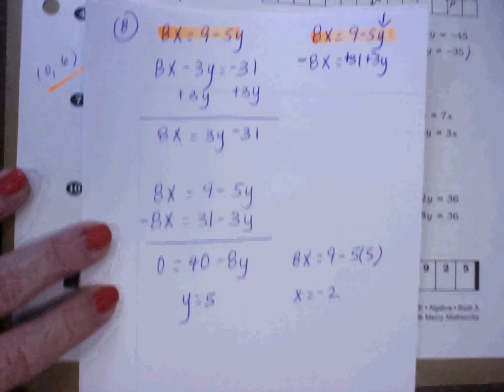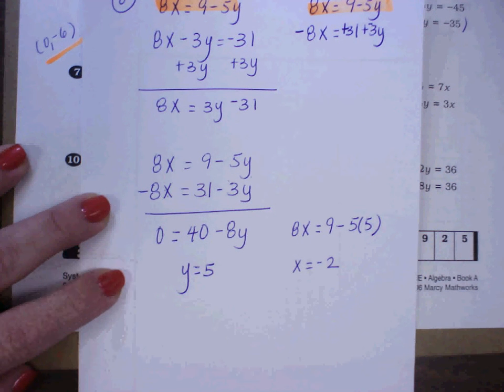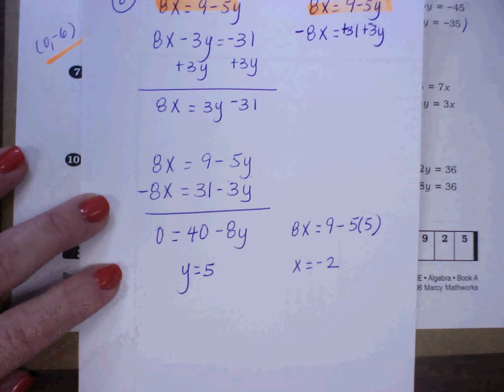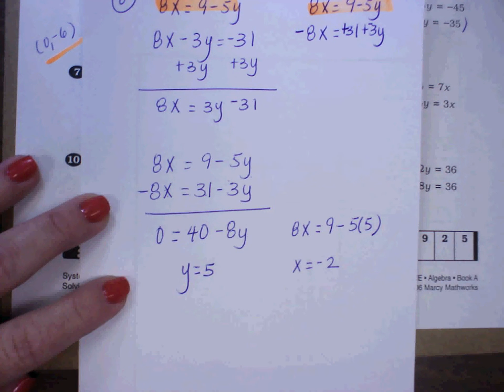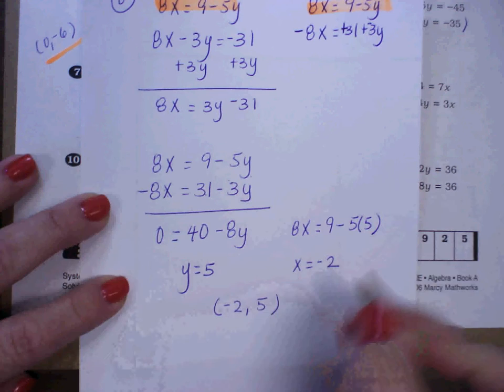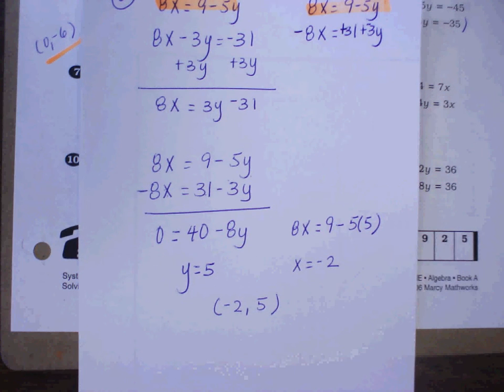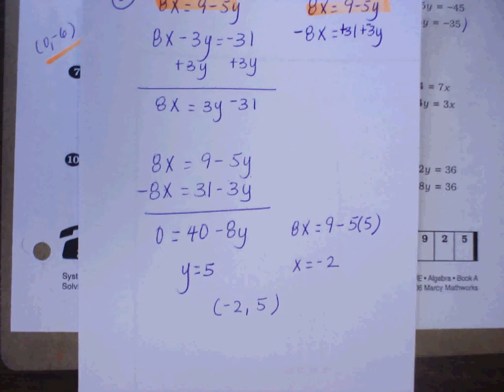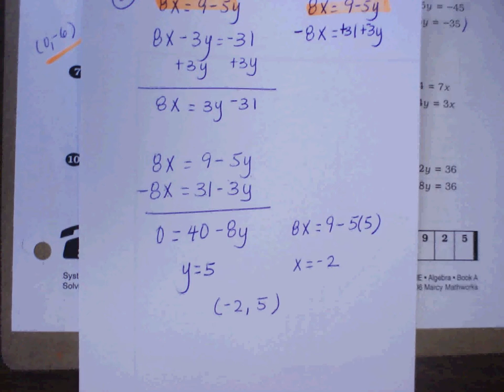Negative 2? Darn, I'm good. I better, because I'm teaching you. All right, so what's my point? Negative 2 and, no, not 5. Negative 2 and x first, always, always, always.